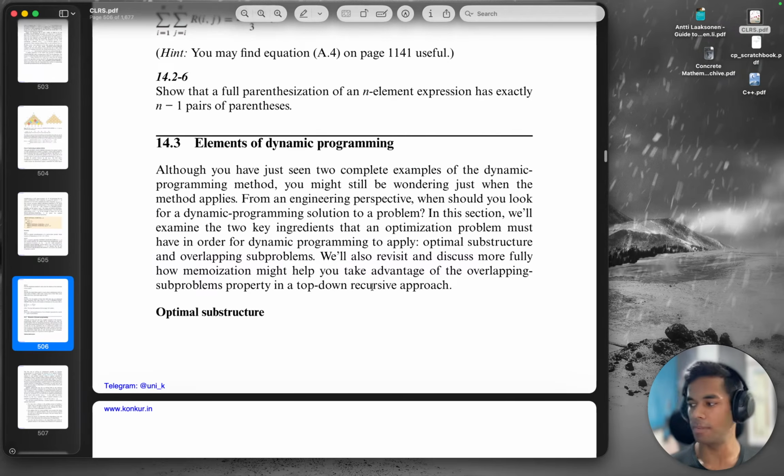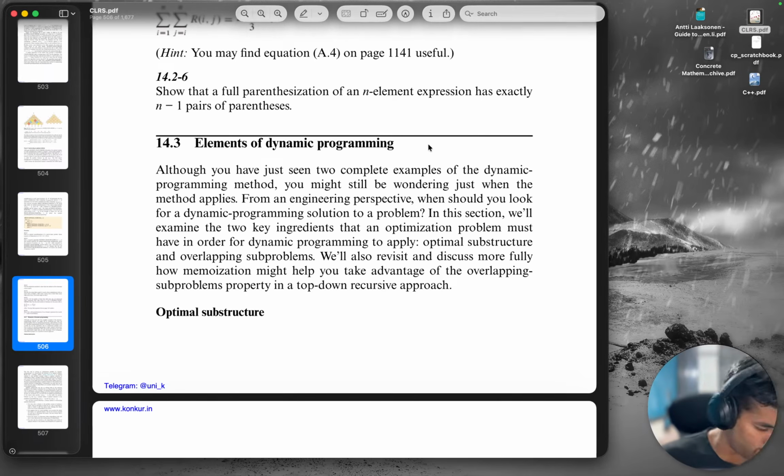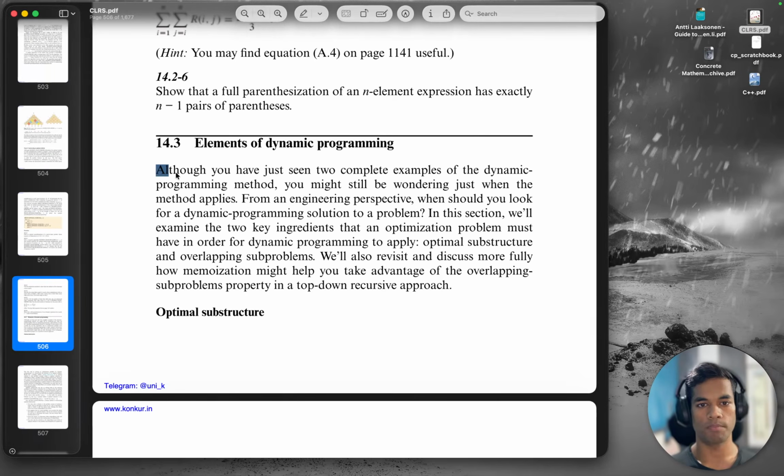And yep, elements of dynamic programming. Although you have just seen two complete examples of the dynamic programming method, you might still be wondering just when the method applies. From an engineering perspective, when should you look for a dynamic programming solution to a problem?